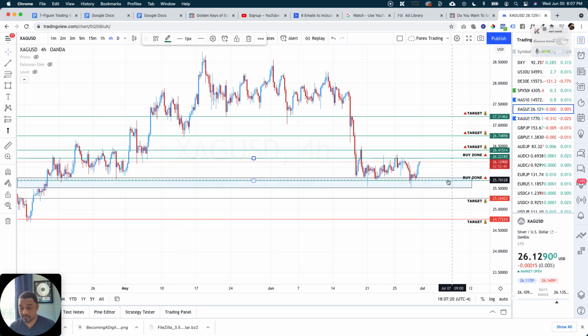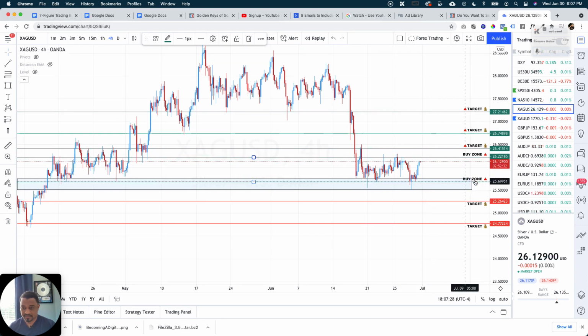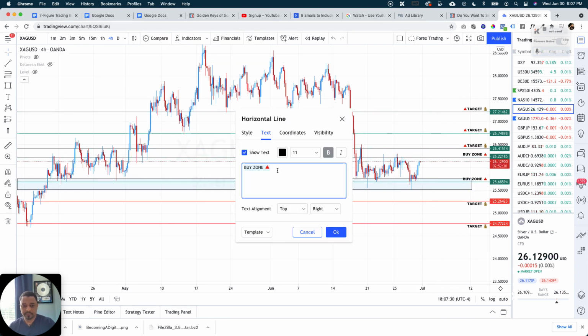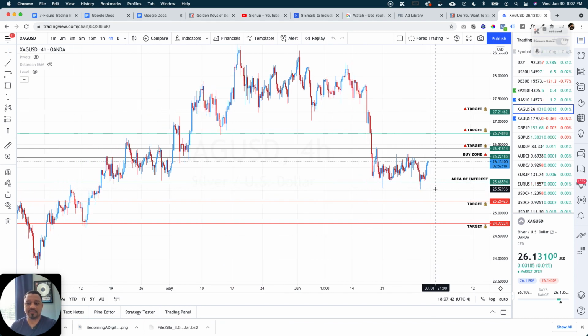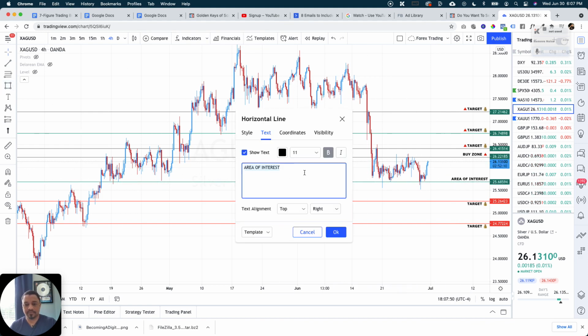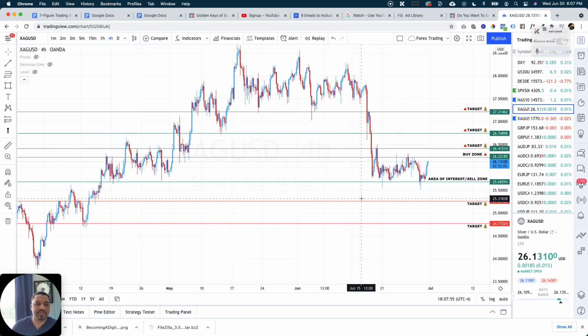So what was the initial buy zone, it's already in process. Call this an area of interest. So then I move this to clean up my charts. Area of interest sales. So that's silver.